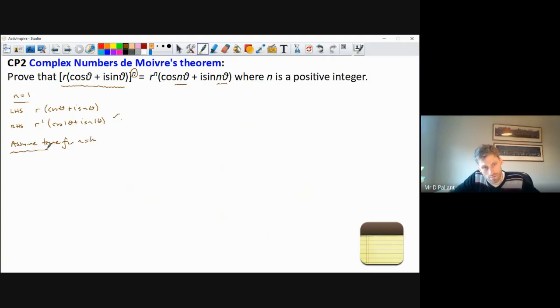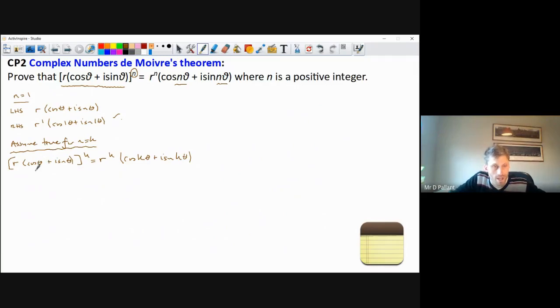So I've got r, bracket, cos theta plus i sine theta, to the power of k. That will be r to the power of k, and then this one's a multiplier, which is really the key bit of the theorem.